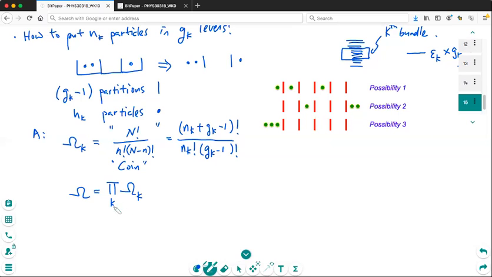Maybe for some of you it's obvious, but it's a good thinking process that you must go through by yourself to convince yourself that this is a product. Okay, so this index K labels the bundle. If I have 100 bundles, I will take the product from K equals 1 to K equals 100.